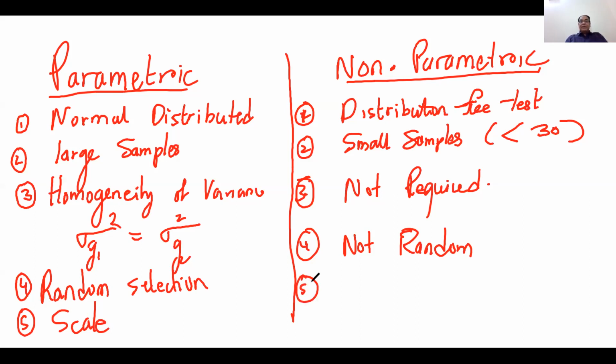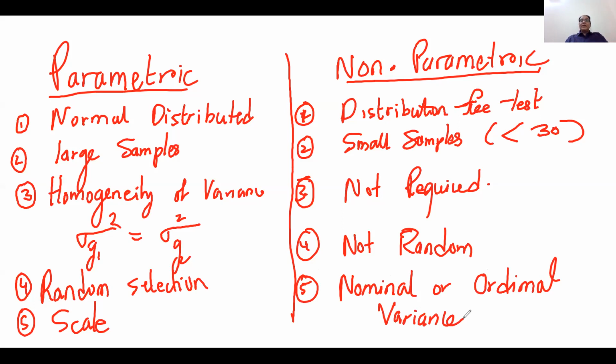And in non-parametric tests, most of these tests require nominal or ordinal variables. So most of the non-parametric tests we will apply on nominal or ordinal variables. This is the difference between parametric and non-parametric.